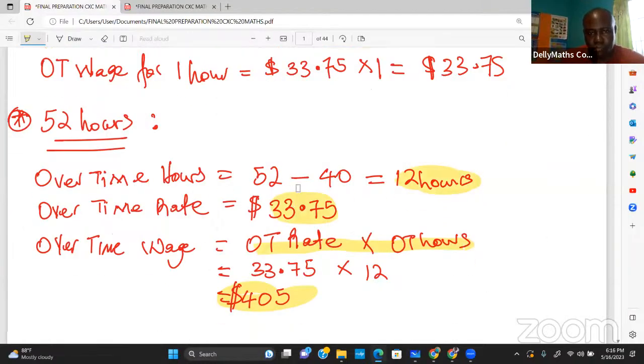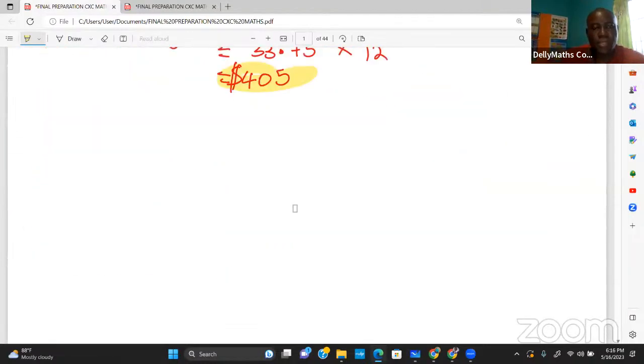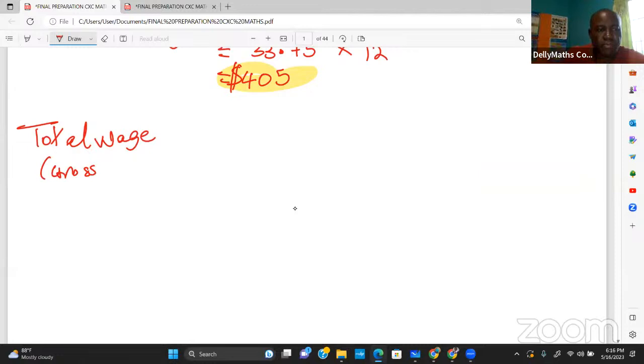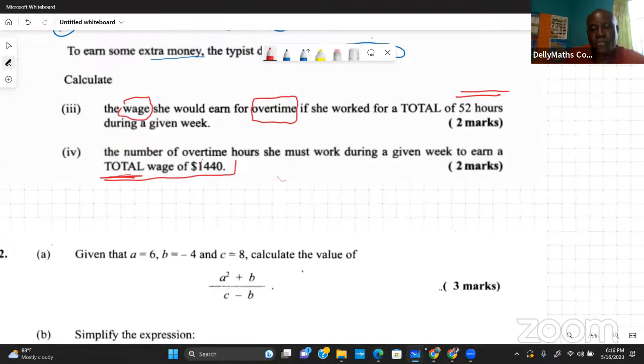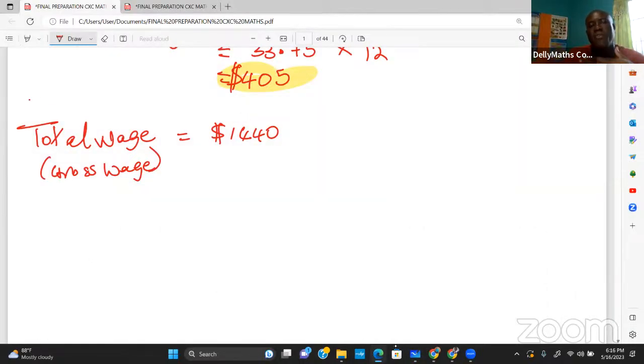Let's go. We're thinking about a total wage, and this is what we call your gross wage. That would have been everything, overtime plus regular. It's going to come up to 1,440. We're thinking of what hours I need to go on overtime so that I'll get this on my paycheck.